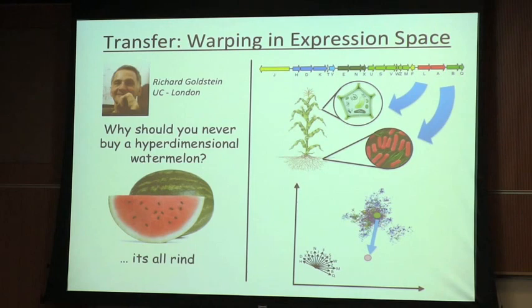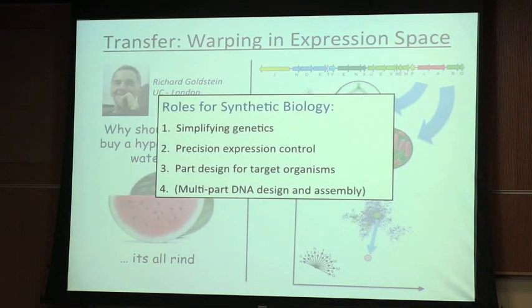And so we've articulated the problem like that, and then there are certain roles that synthetic biology can help with in this process. So on one thing, the way that we think about genetics is very different, and so I'll show you how we can go in and simplify the genetics of a system to make it more conducive and more understandable for transfer.